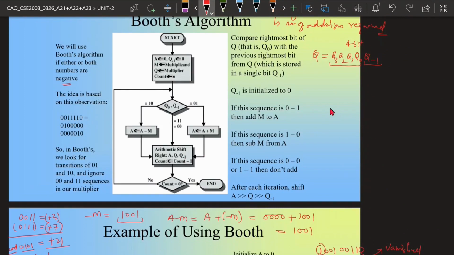So here also, if we talk about the hardware point of view, we should be having an accumulator that will basically perform the addition and subtraction.